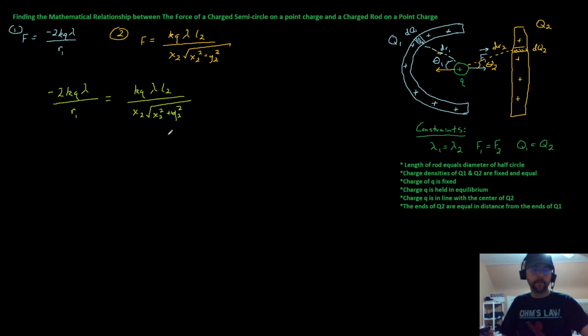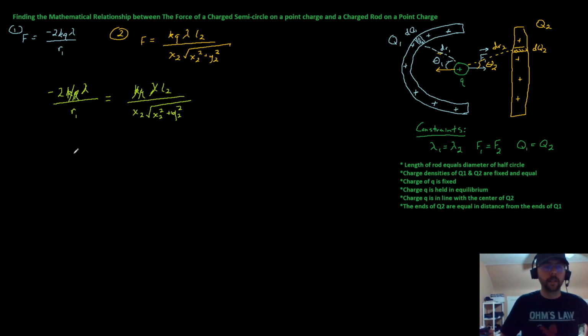Now, we can cancel quite a bit of stuff actually. Since we have k on both sides, those cancel. We have q on both sides, those cancel. Lambdas cancel, if we divide by k on both sides, by q and by lambda. And that looks like that's it.